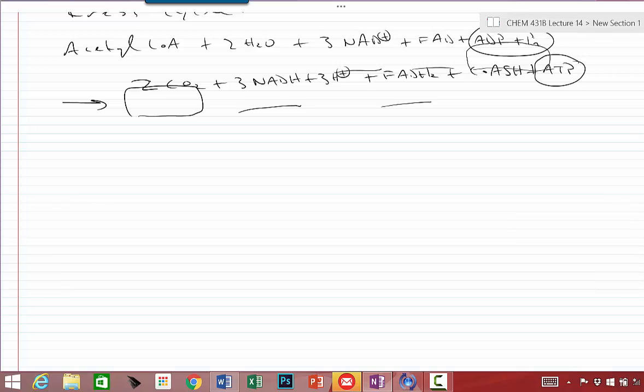And then the final oxidation step is where we go from malate to oxaloacetate, and here we produce NADH. Many of the oxidation steps are carried out by what are known as dehydrogenases. Okay, so that is the Krebs cycle.